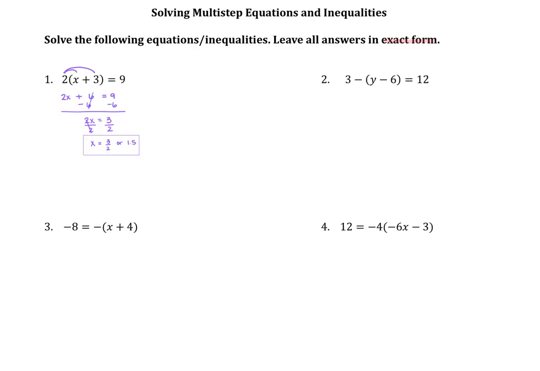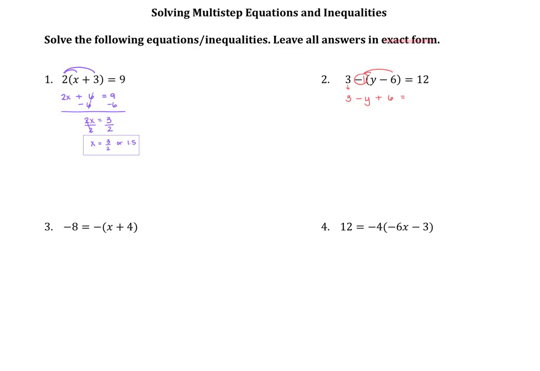Number 2, I'm going to fully simplify the left using what I learned earlier this unit. Remember, I'm going to distribute a -1 to the parentheses, and I'm going to drop down that 3. So -1 times y gives me -y, and -1 times -6 gives me +6.